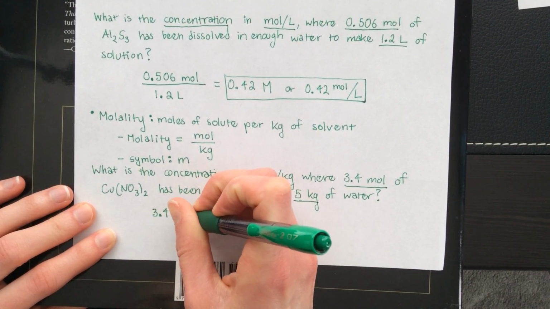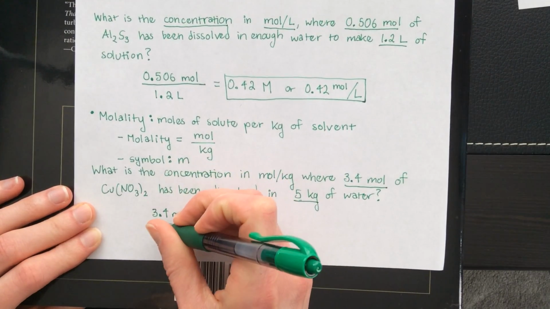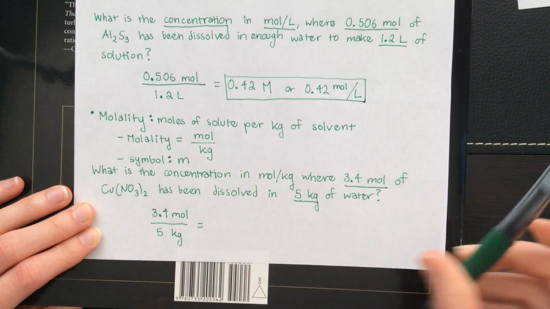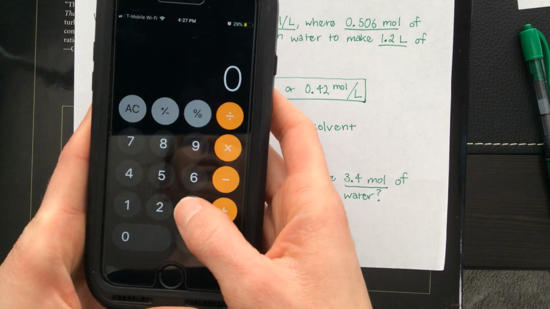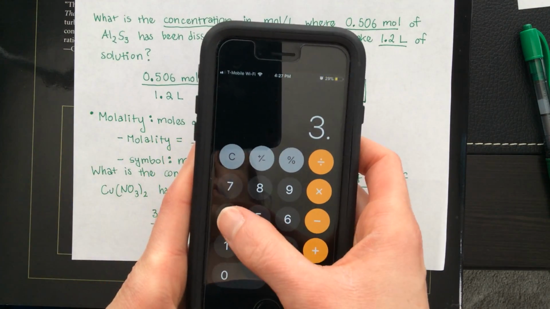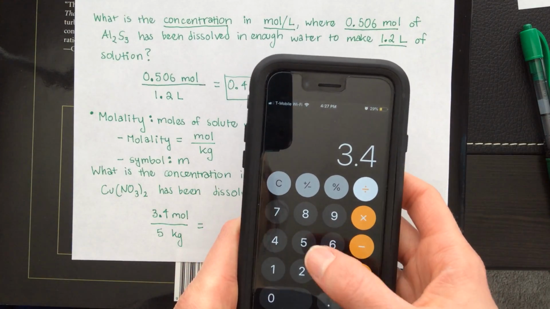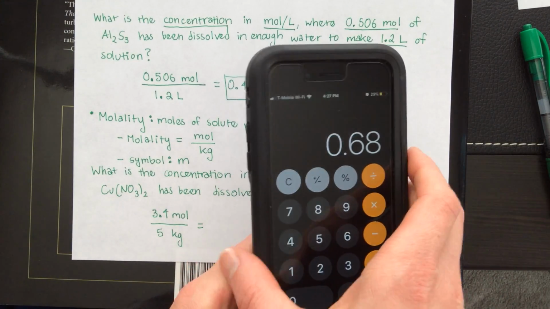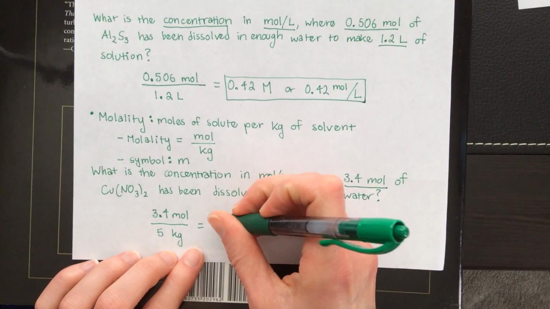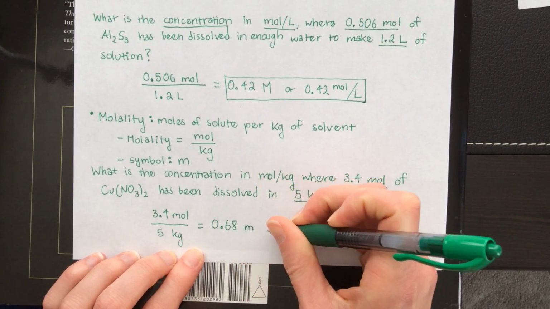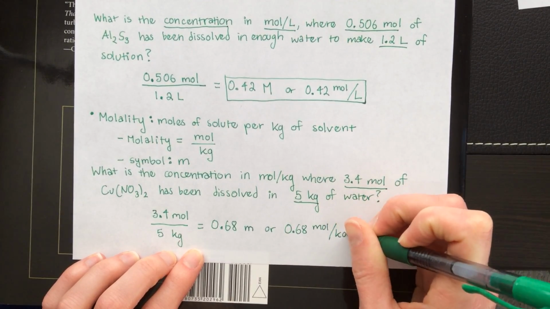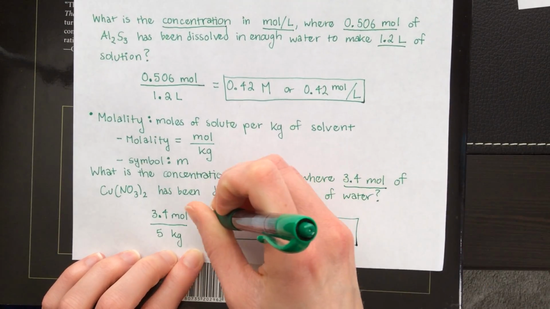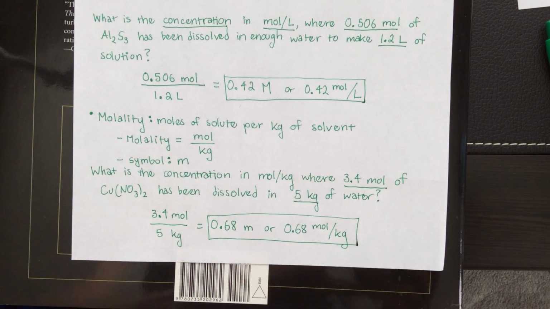So we'll do 3.4 moles over 5 kilograms, and we will get, using our calculator again, we'll do 3.4 divided by 5, and I got 0.68. Since this is molality, we'll do a lowercase m, or you could write it as moles per kilogram. Okay, so that is molality.